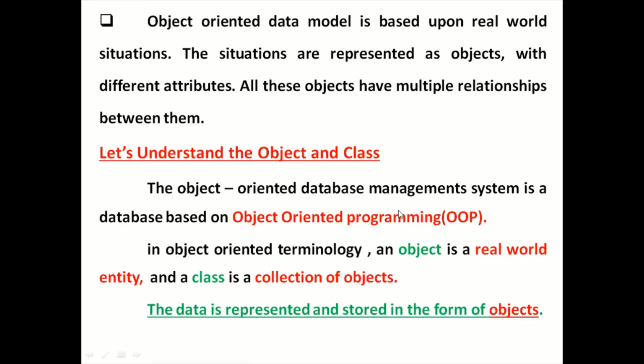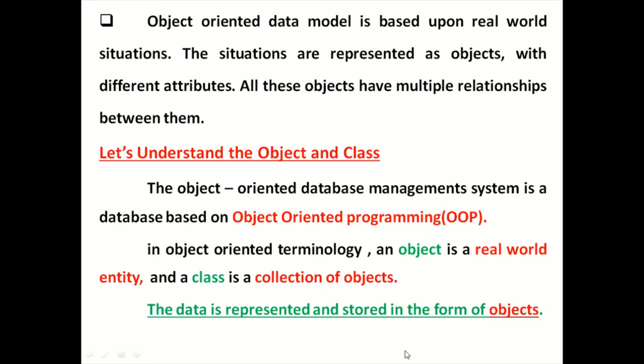In object-oriented terminology, an object is a real-world entity, as I already told you. And a class is a collection of objects. In the class we will have a number of objects.